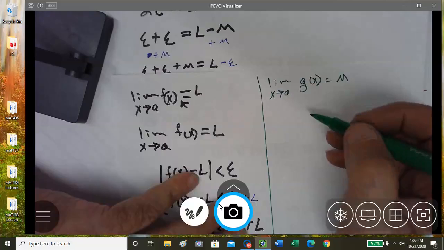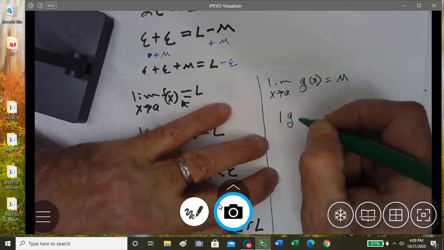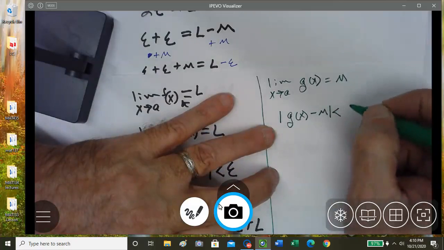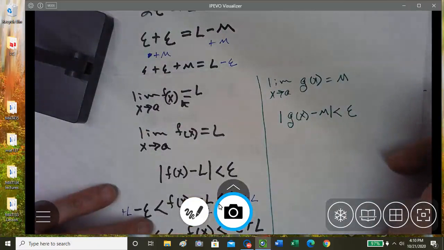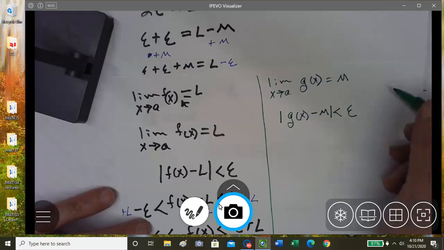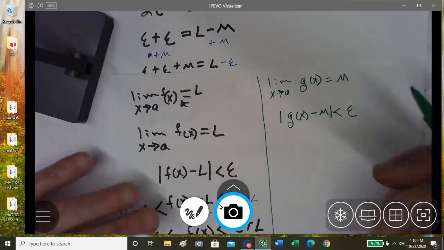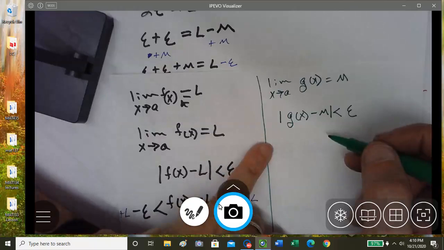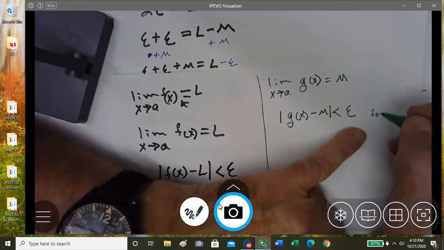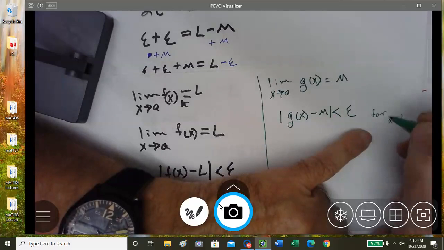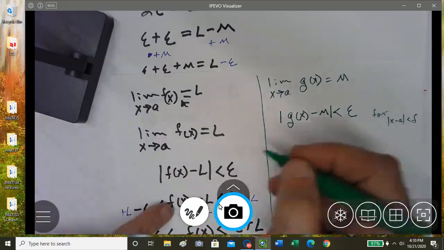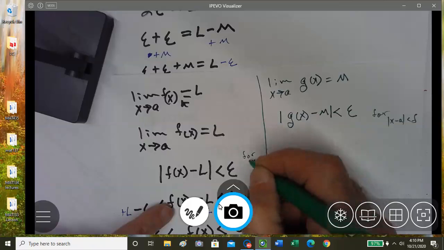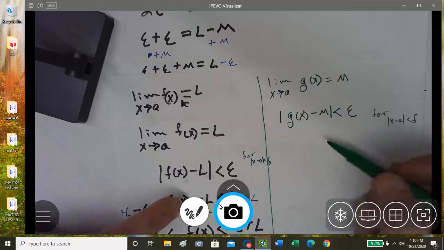So we can say here that the absolute value of g of x minus m is less than epsilon, and that's of course for the absolute value of x minus a less than delta, the same thing as for f.